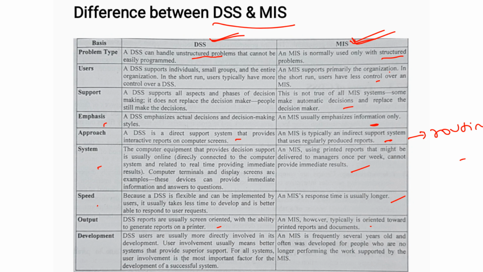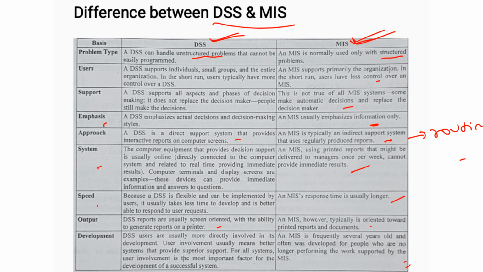Development: DSS users are usually more directly involved in its development. MIS is frequently several years old. Regularly they will keep on modifying the DSS, whereas with MIS they will try to use the older information system effectively. So these are some of the main differences between MIS and DSS.